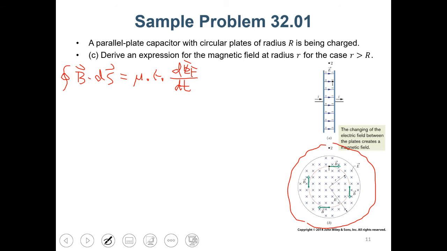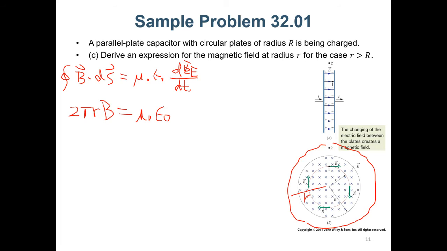For the left side, it is the same, 2 pi r times B. And for the right side, the area is still pi capital R squared, because there is no E field changing outside, so the area is pi R squared rather than small r.